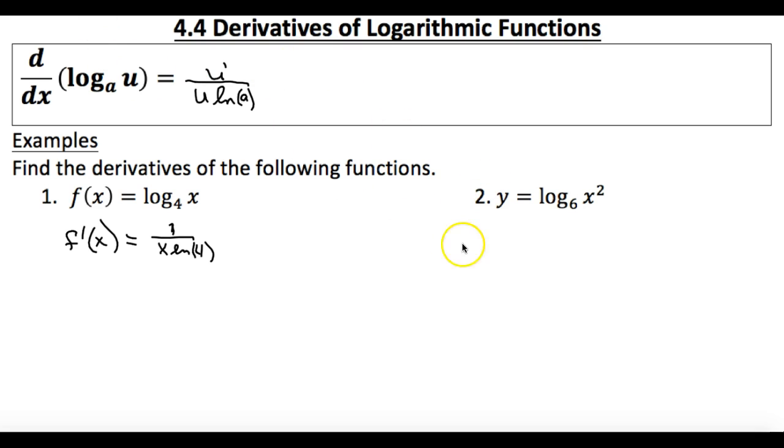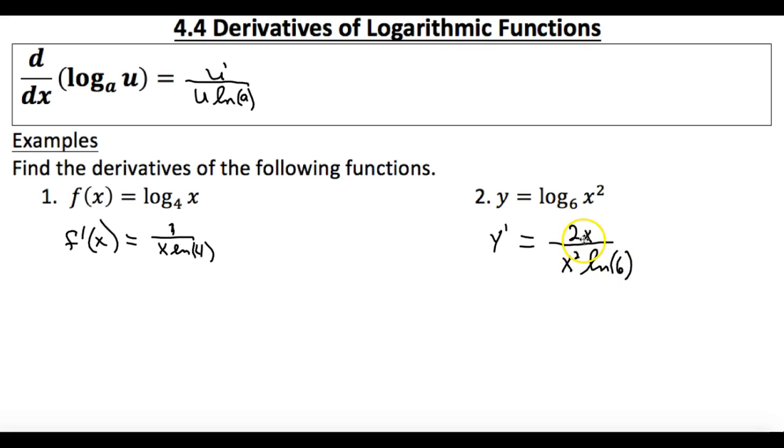Pretty similar over here. Right? y prime here, the derivative of the inside, so the derivative of x squared would be 2x over x squared times the natural log of 6. Now I can simplify this a little bit, right?